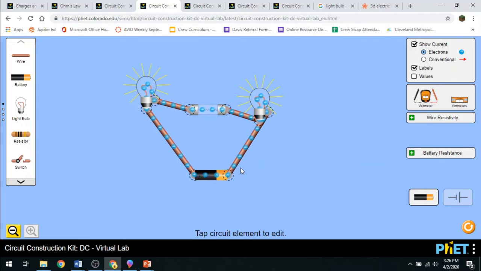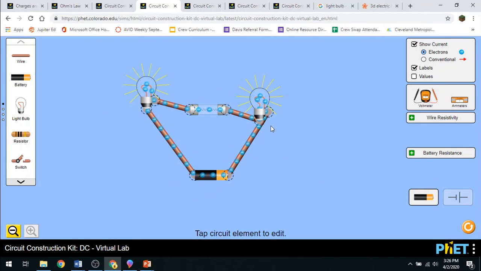So if you have a circuit breaker, if you have a fuse, then let's say a strike of lightning happens, and so a whole bunch of electricity is trying to pass through your house. Well, something like a fuse will break, and so then your electrical devices don't get fried.